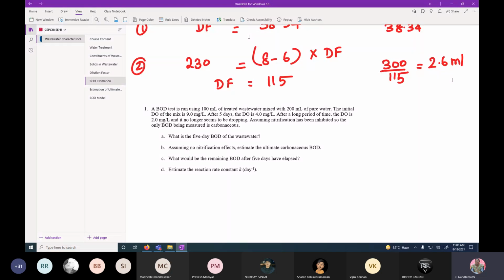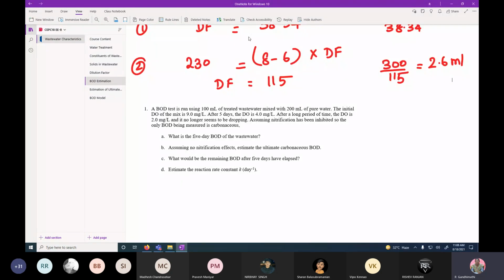Okay, then the DO of the mix after mixing 100 ml plus 200 ml is 9, and after 5 days the DO is dropped to 4 milligram per liter. After a long period, that means they kept that bottle in the incubator for a long period of time, the DO remains constant at 2 milligram per liter.